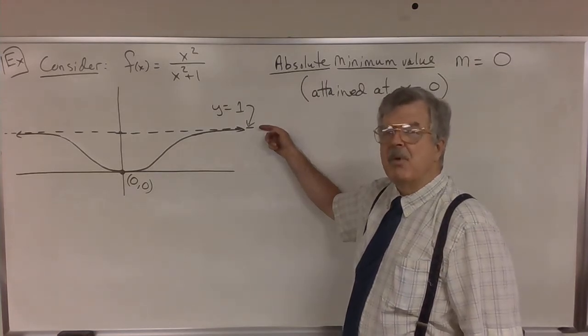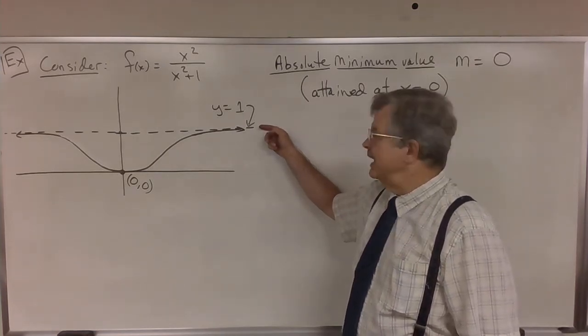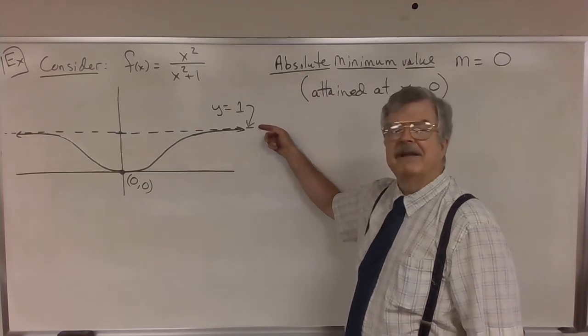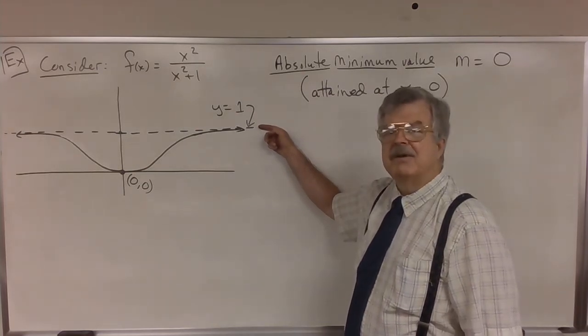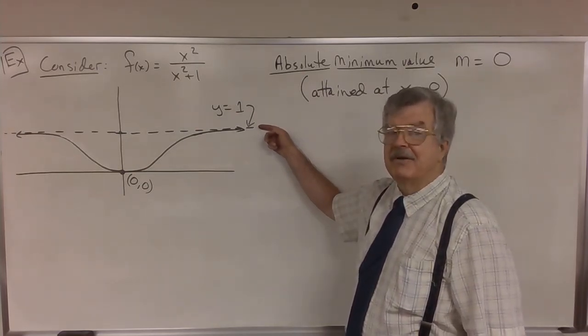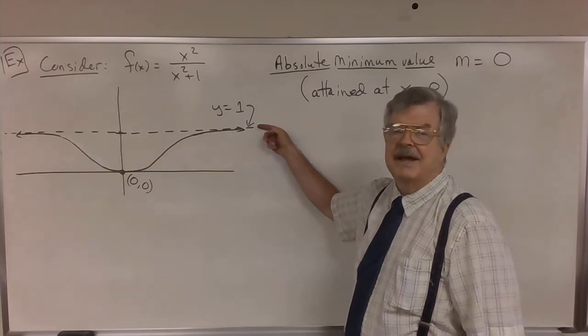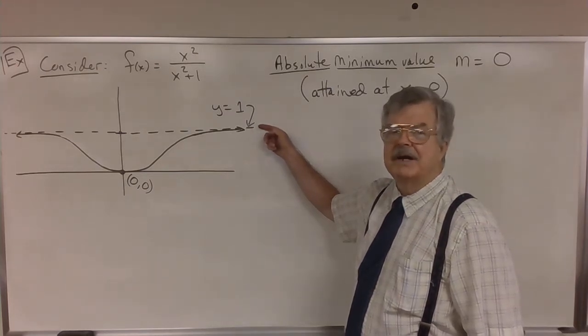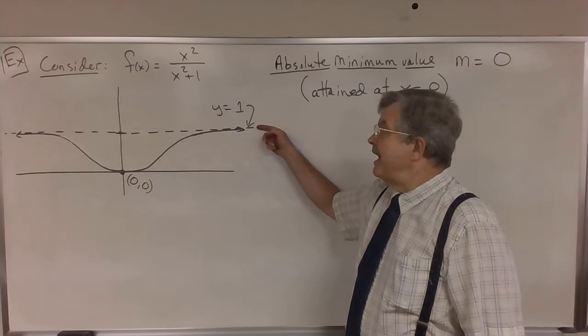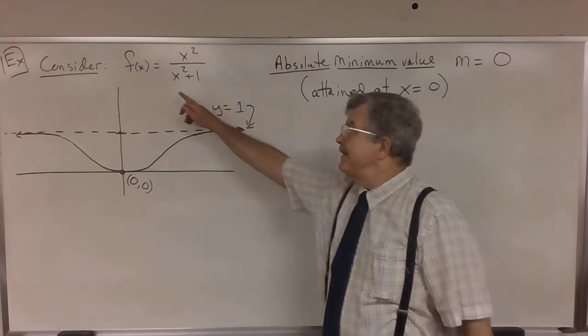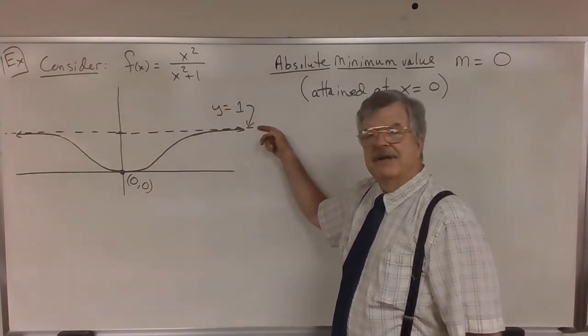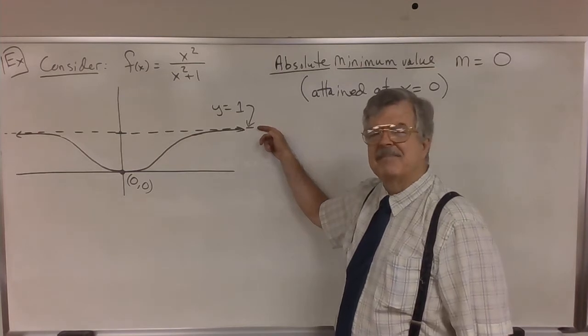Is there a smallest real number, capital M, such that f of x cannot be greater than capital M? Yeah, capital M equals 1. Every f of x value is less than or equal to capital M equals 1.